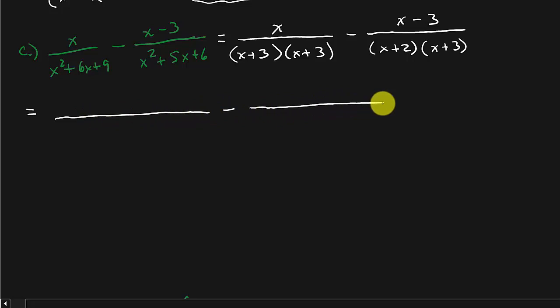All right, so let's look at each different factor. Let's look at the x plus 3s. How many times does the x plus 3 appear in this denominator? Twice. How many times does it appear in this one? Once. What's the most number of times it appears in a denominator? Twice. And so we've got to use it twice.